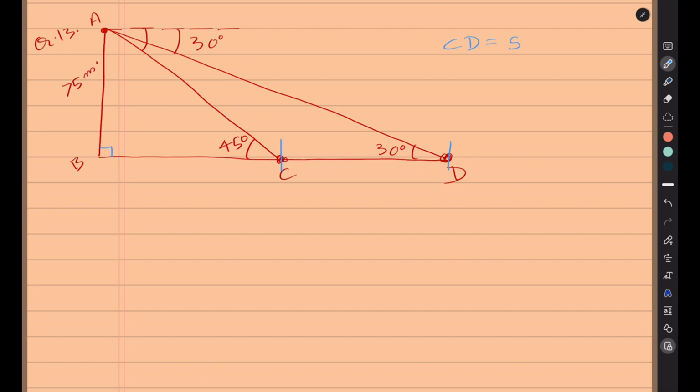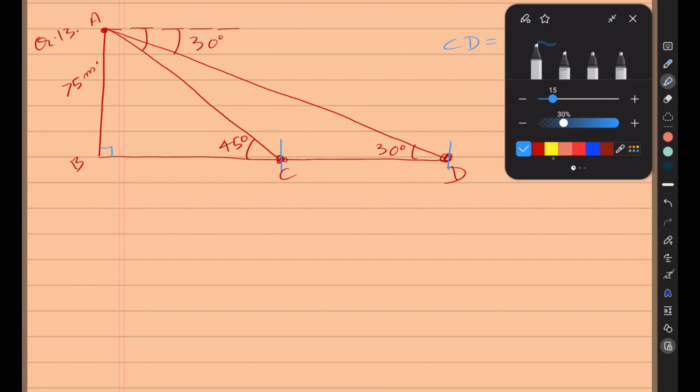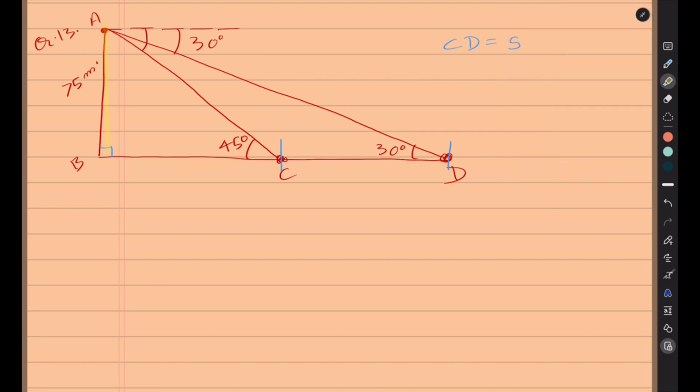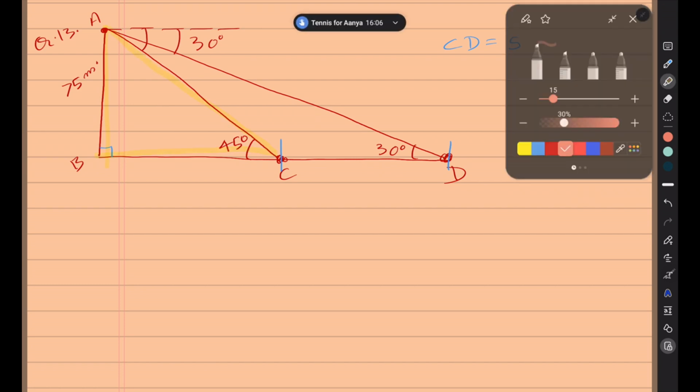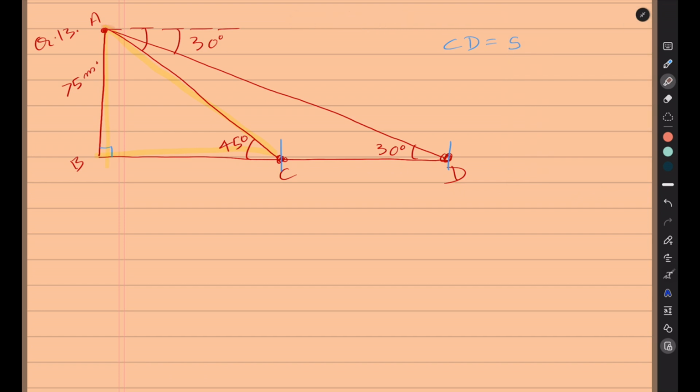Okay, so here also we can see that we have basically two triangles. One is this one, and then another is this triangle. So let us first take triangle ABC.